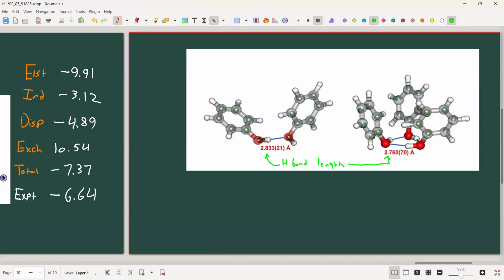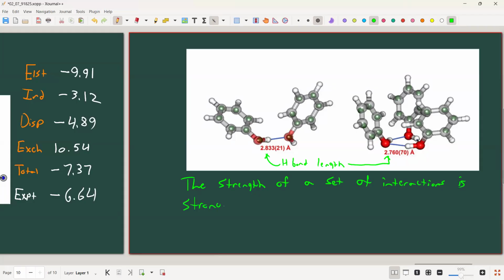So what this means is that the strength of a set of interactions is stronger than the sum of the pairs of interactions.